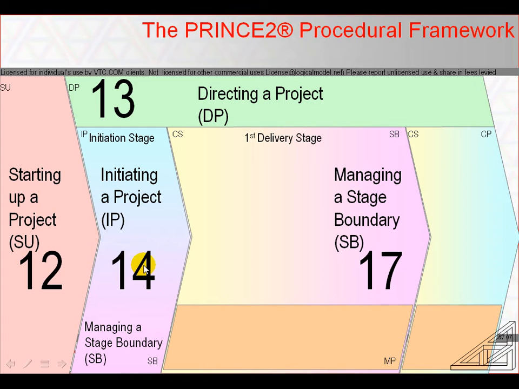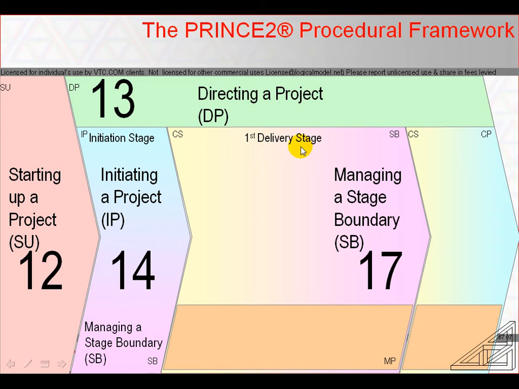Since it is a stage, it will be brought to an end by 4 of the 5 activities of the Managing Stage Boundaries process. Stage Boundaries has an activity for normal or abnormal stage end, only one of which will be used in any transition from current to next stage.